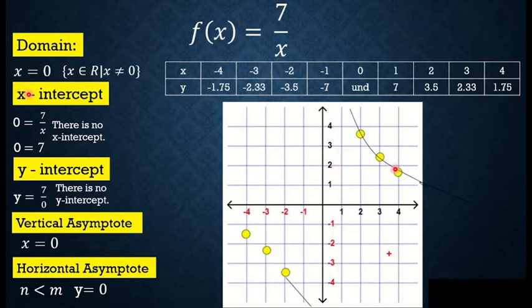Then, the x-intercept. You need to equate the function f(x) to 0. So 0 equals 7 over x, then 0 equals 7. So there is no x-intercept.